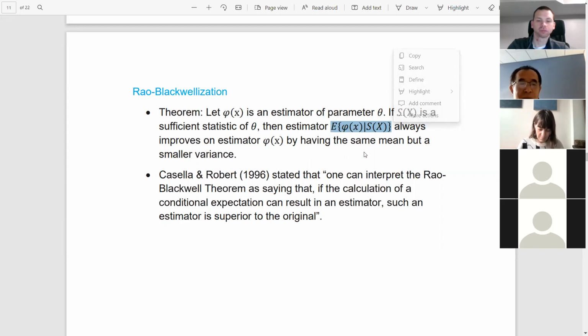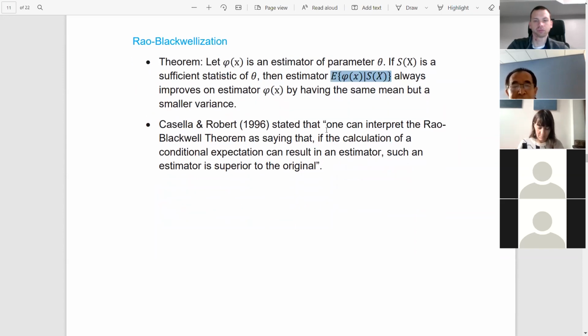So this is a standard one. Casella and Robert studied MCMC, and they found that the original theorem is a little bit restrictive. So what they said is easier to apply.